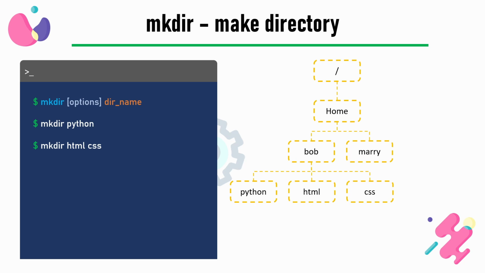Let's say now that you want to create a parent directory and a child directory at the same time. So what should we do to achieve something like that? For that, we have to use the -p option, which will ensure that any intermediate directories in the path that do not exist will be created as well.